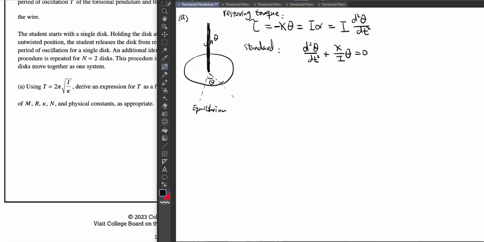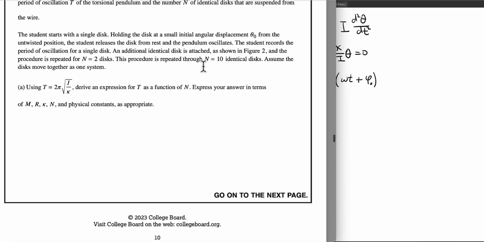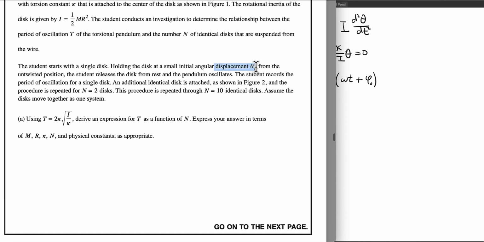And the solution here is theta equals theta naught cosine omega t plus some initial angle phi naught. And theta naught here is the same value as this angular displacement theta naught.